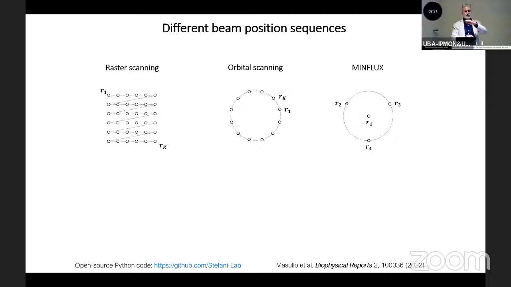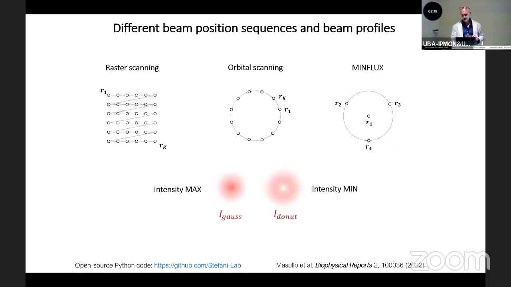As long as you don't use a straight line, which would be very bad because it's too symmetric, you can use any shape of scanning, okay? The next thing is to define the excitation field. If you're using focused light, there are basically two options. You use a maximum or you use a minimum. That's it. If you use two-dimensional excitation fields, there are more possibilities like lines, holes, or anything else. But for focused light, these are the two options.